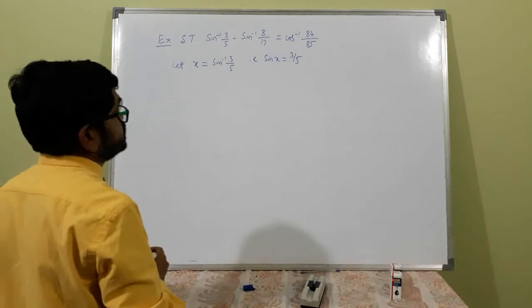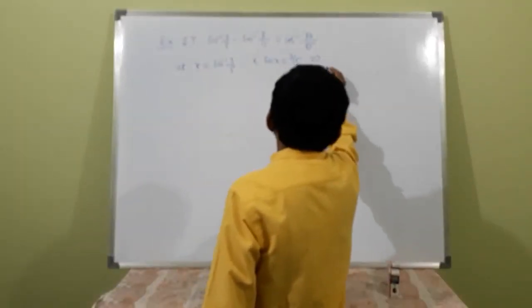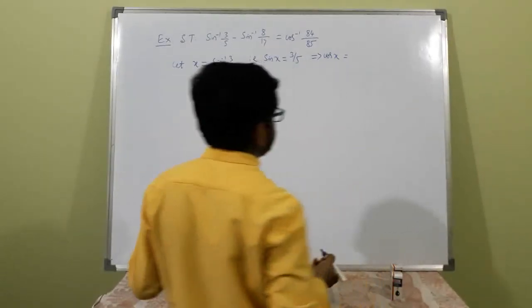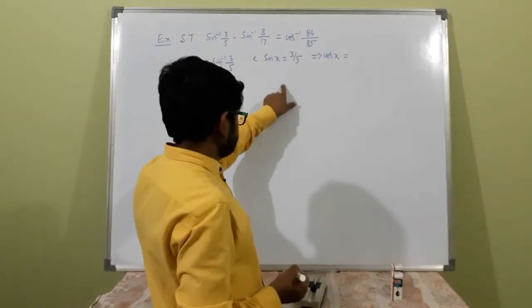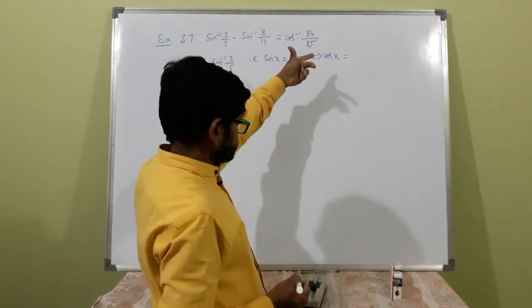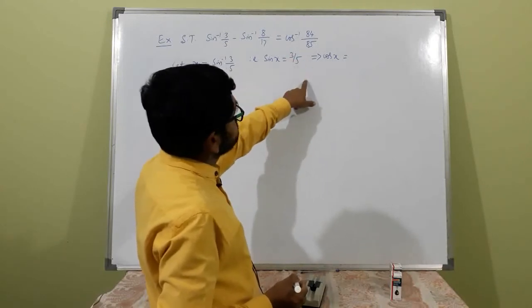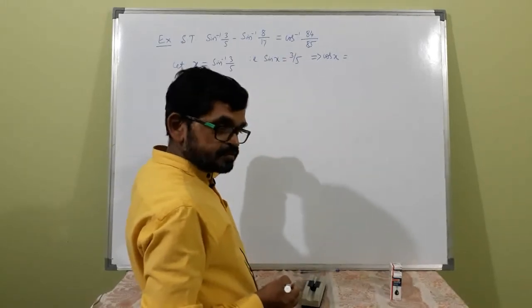Then cos x is equal to 4 by 5, isn't it? Otherwise you can find 1 minus 3 by 5 whole squared, that is 9 by 25. 25 minus 9 is 16 by 25, which means 4 by 5.